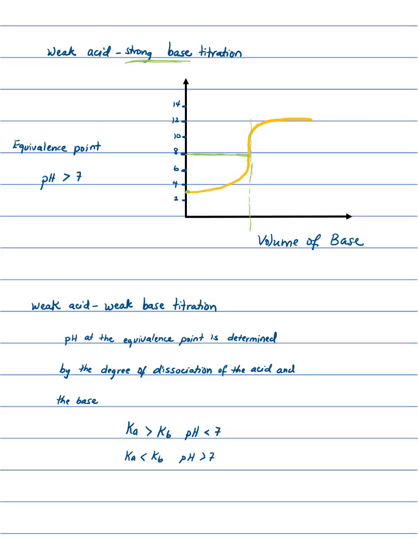If it's a strong acid titrated with a strong base, the pH at the equivalence point will always be 7. If it's a strong acid with a weak base, the pH at the equivalence point is always below 7. And when you have a weak acid titrated with a strong base, the pH at the equivalence point is always above 7 because the strong one is the base.